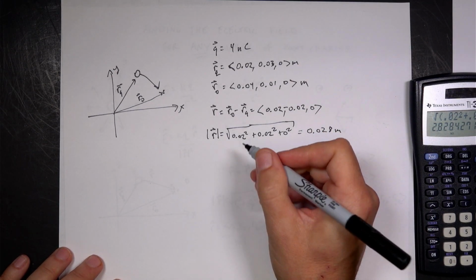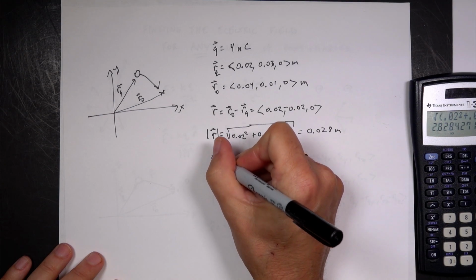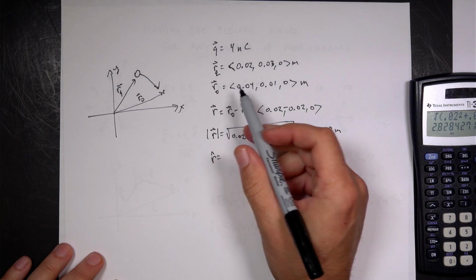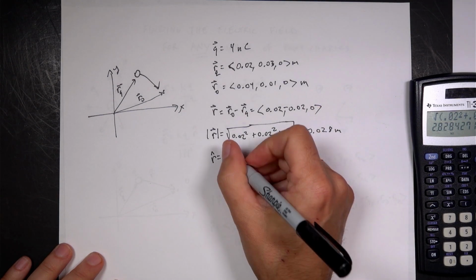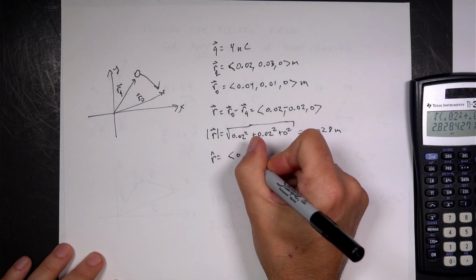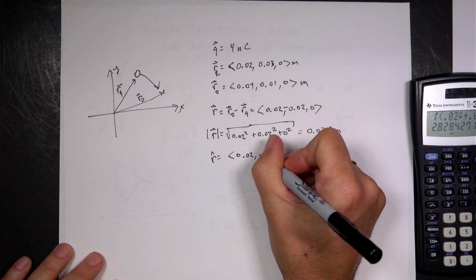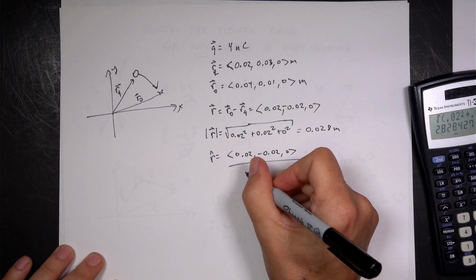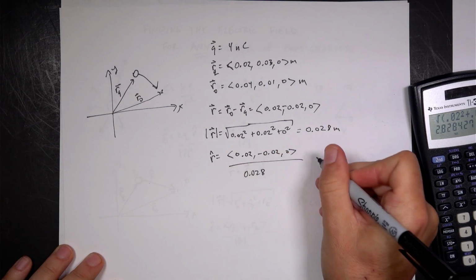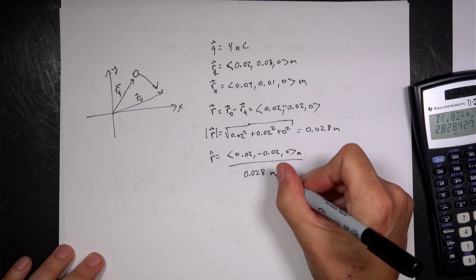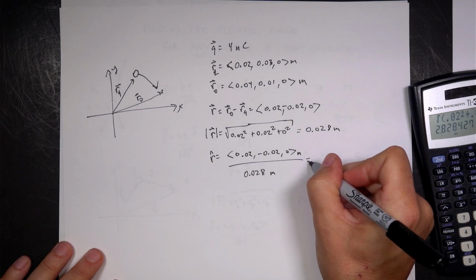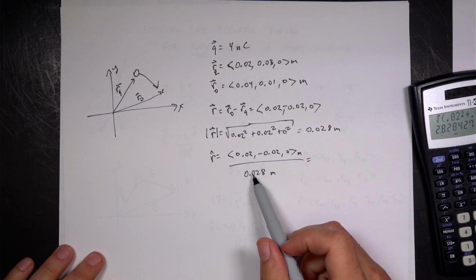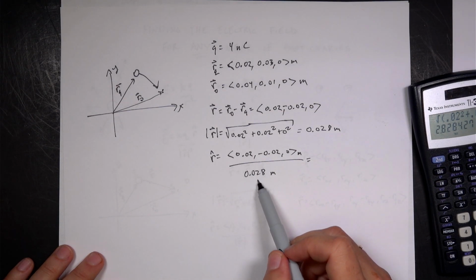Now I can find the unit vector r hat. R hat is going to be the vector r right here, 0.02, negative 0.02, 0, divided by 0.028. And that's meters, but the meters cancel. To take a vector and divide by a scalar, I have to divide each component by that.